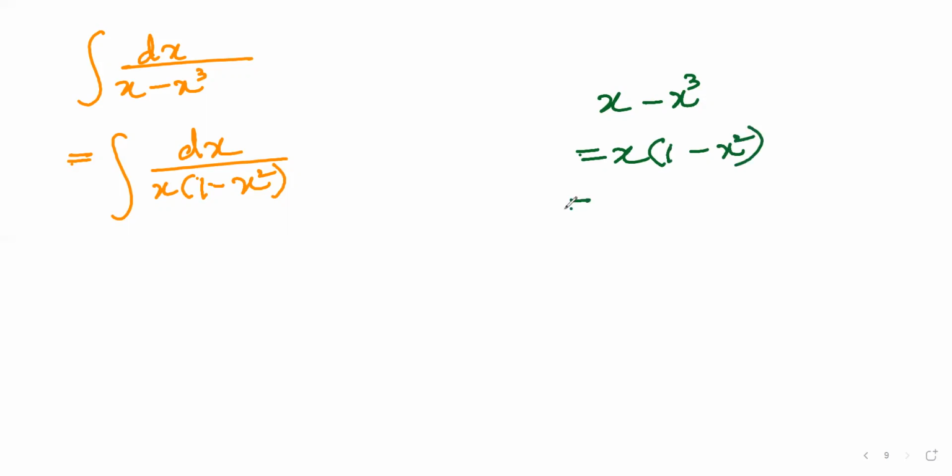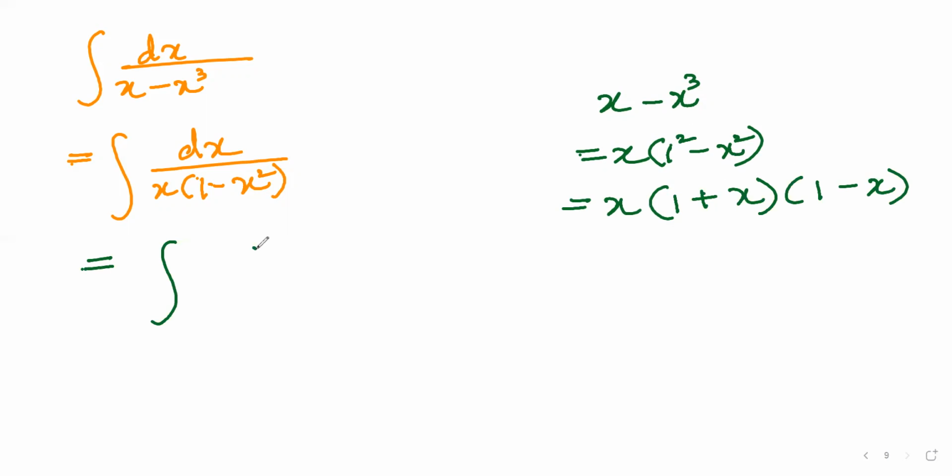So that would be x into 1 plus x into 1 minus x, because you have the liberty of writing 1 as 1 square, and a square minus b square is a plus b into a minus b. So I will write this as dx upon x into 1 plus x into 1 minus x.